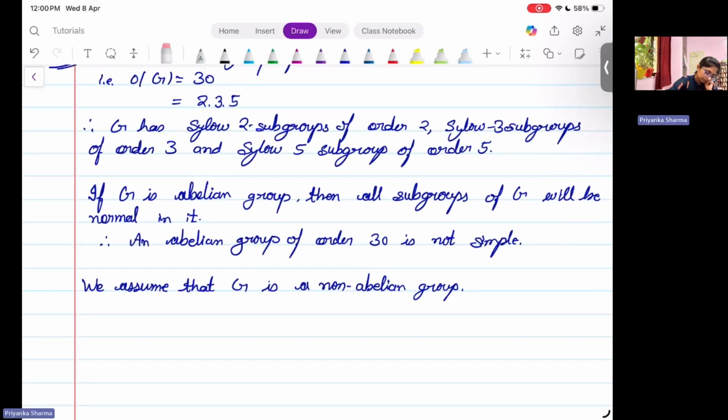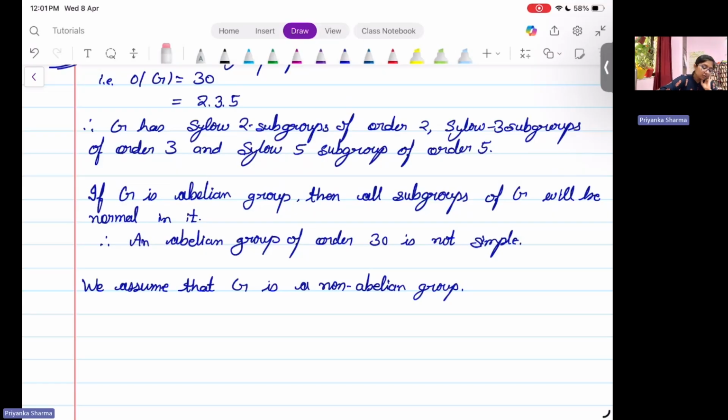See, what we need to claim is that G is not simple, that G has a normal subgroup. Till now we have three types of Sylow subgroups in G. So at least one is normal in G, or at least one Sylow P subgroup for P equals 2, 3, or 5 is unique.